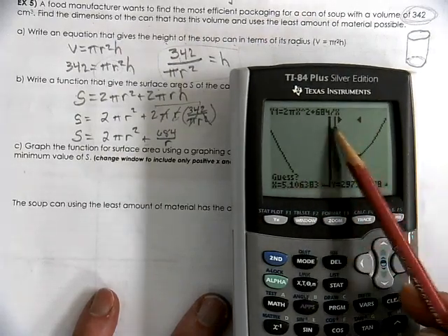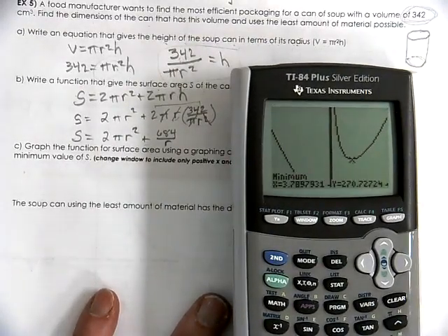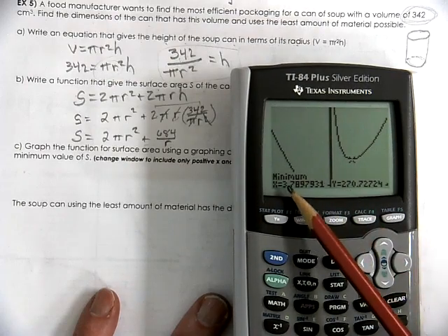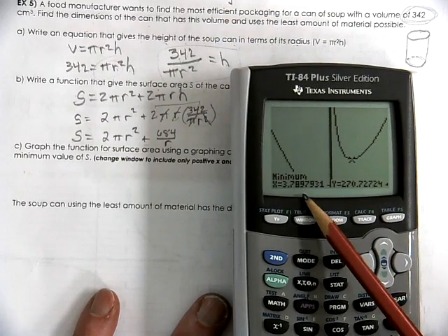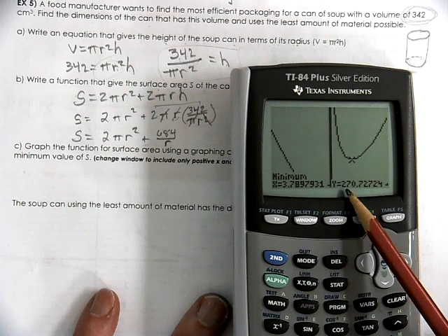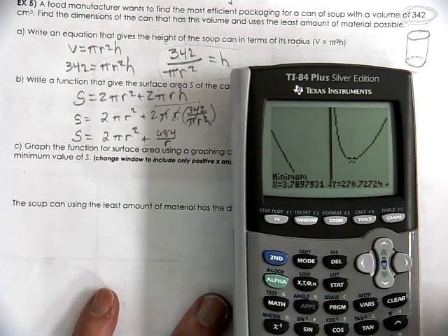And then it says guess, but there's only one value. You can get closer if you want, it doesn't matter. Hit enter, and it gives us that exact location. When the radius is 3.78 or 3.79, if you did some rounding, almost 3.8, we'd have a surface area of 270.73.